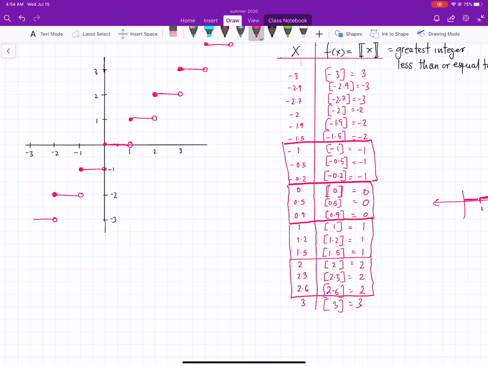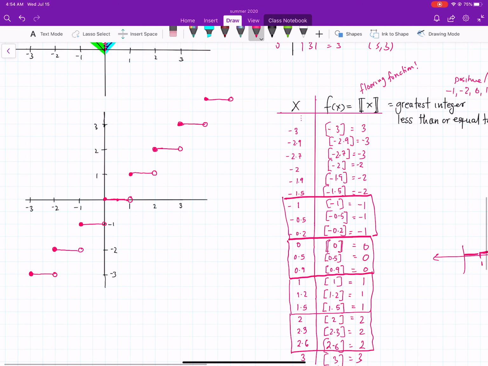Jump again and go in that fashion. So the way this looks, this is what we call the greatest integer function, or we call this the stepping function. All right, so some people call this guy here the stepping function.